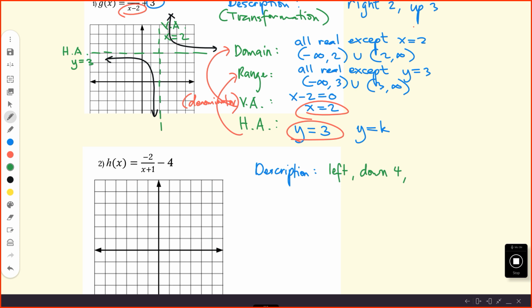What does the negative mean? Reflection. Yes, it is reflected. And what does the 2 mean? It's a stretch. Okay. So we say reflection in x, or flipped over x, and then stretch by 2. You forgot the one. Left one. Oh, forgot the number.